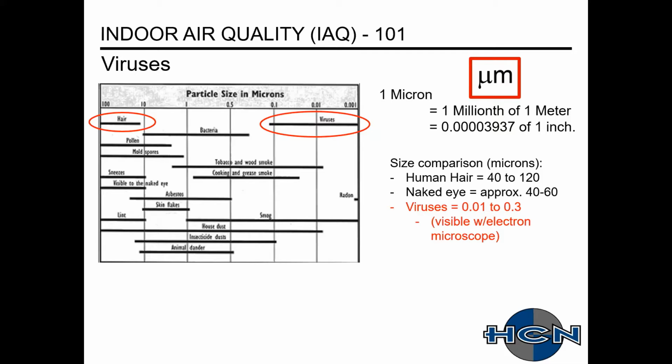And then just to understand a size comparison, you have a human hair that's approximately 40 to 120 microns in diameter. Naked eye, what you can see, obviously age dependent, is approximately 40 to 60. And then when we're looking at viruses, you really need an electron microscope because they're 0.01 to 0.3 microns in diameter.